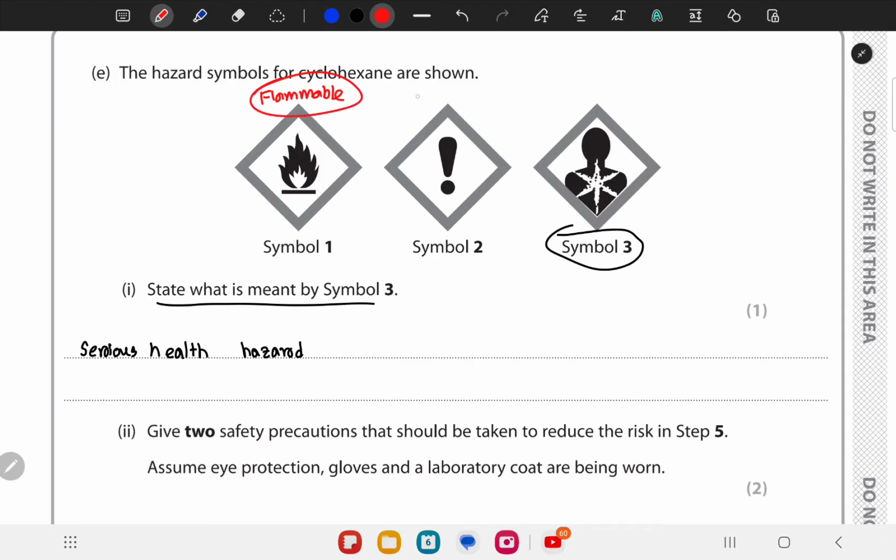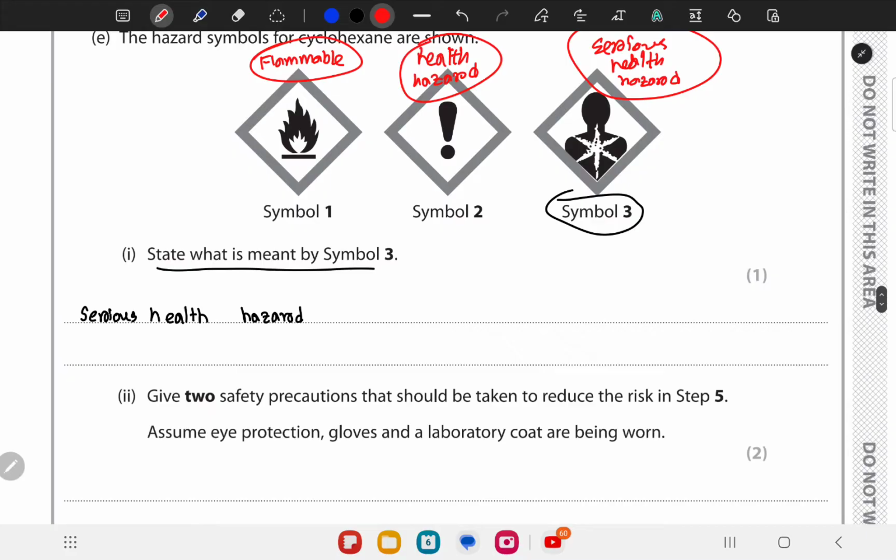This is for flammable objects. This is for health hazard. And this is for serious health hazard. This symbol is also used for danger to the ozone layer, but it's less relevant nowadays.